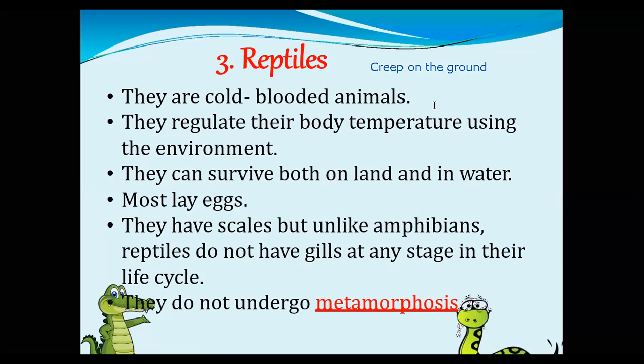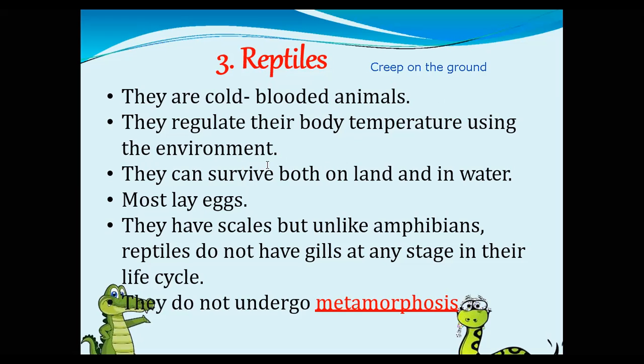These are also cold-blooded animals. That means if the environmental temperature increases, their body temperature also increases. If the environmental temperature decreases, their body temperature also decreases. They regulate their body temperature using the environment.